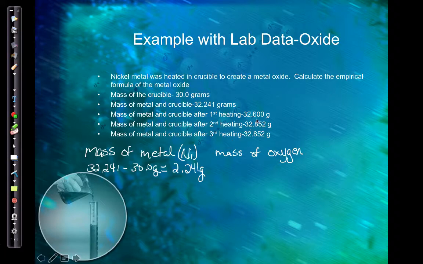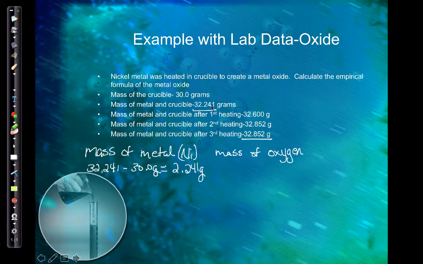All right, so now I heated up the crucible and the metal, did it again. So now this is the mass of the metal oxide plus the crucible. You can actually get the mass of the oxygen a couple of different ways, but I know this mass is higher because I've added oxygen.